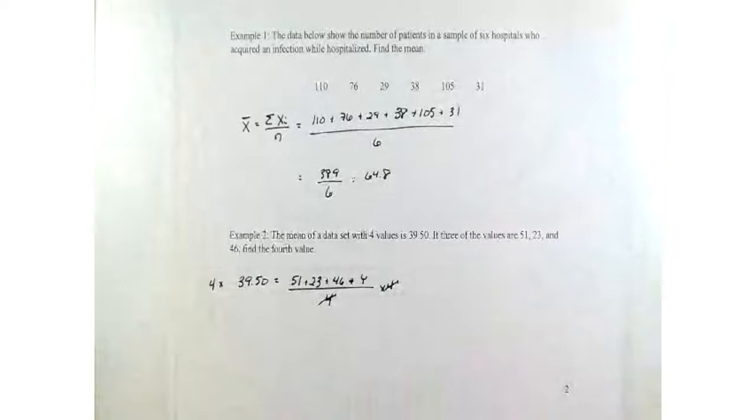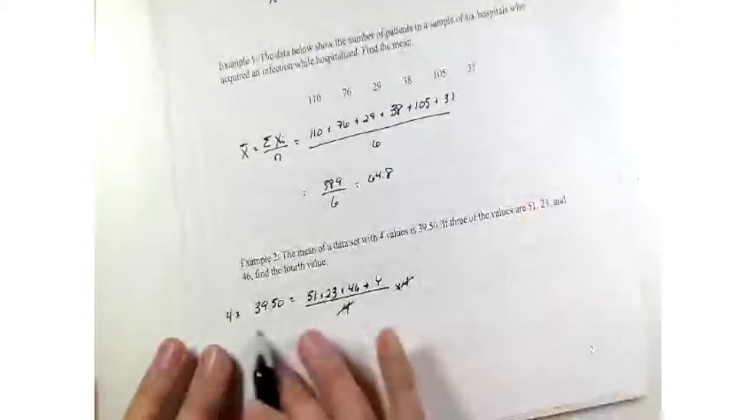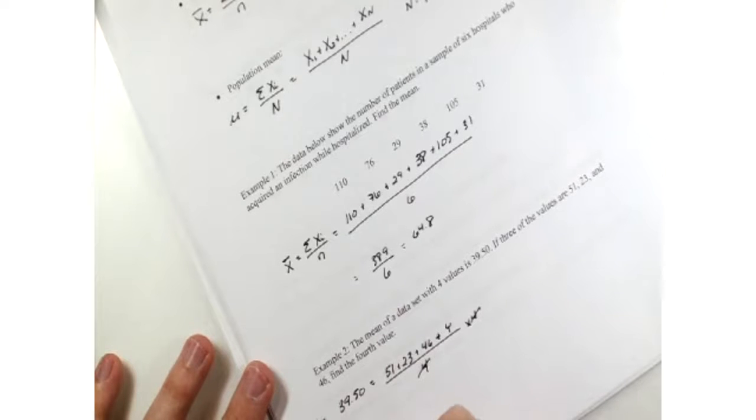So, I hate when that light turns off. What we want to know is what's 4 times 39.5. If you plug that in your calculator, it's 158. So then we have 158 is equal to 51 plus 23 plus 46 plus our unknown data value, y.